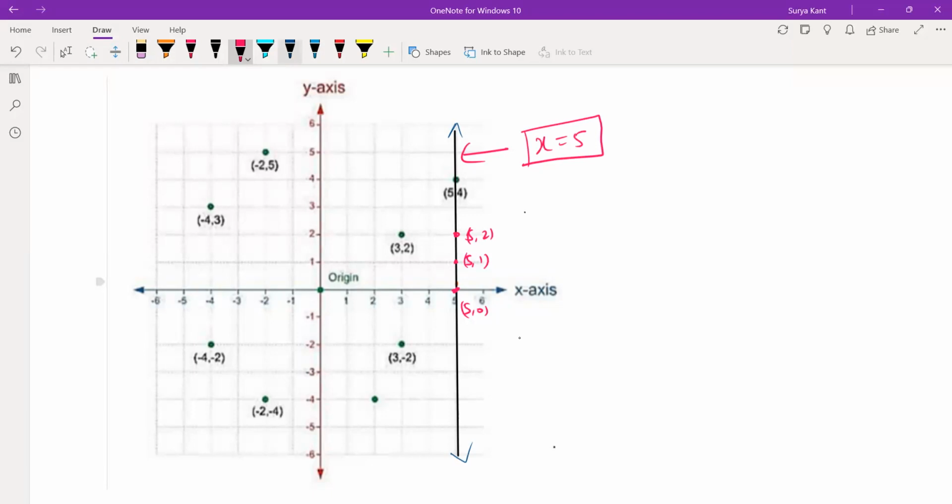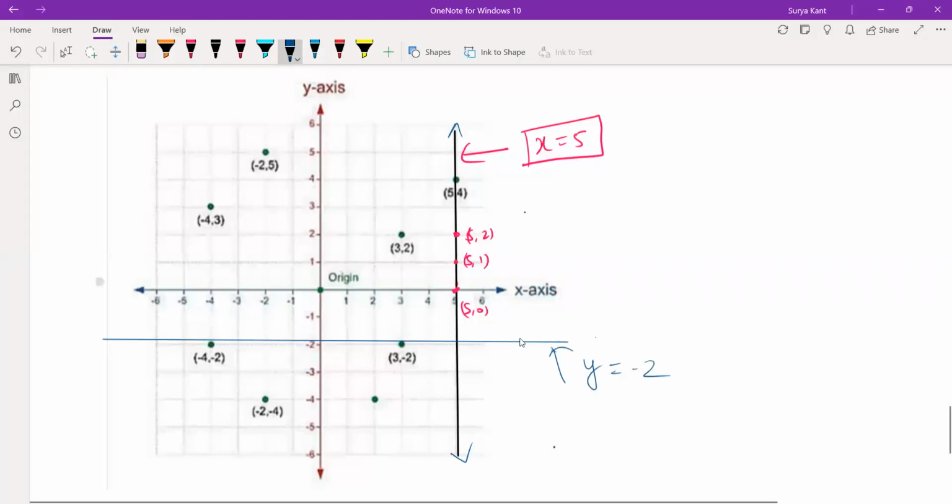If I tell you y is equal to -2, then what we have to do? This is a line parallel to x-axis. So this is the line y is equal to -2. Means on this line, y will be same every time, but x will keep on varying.